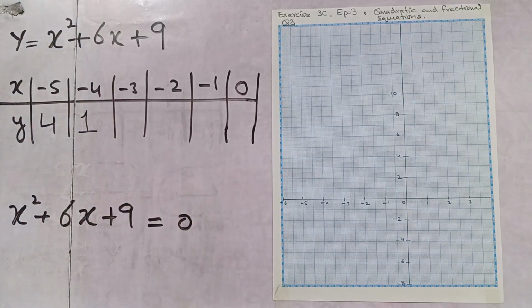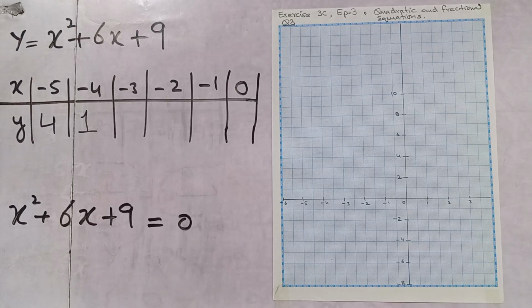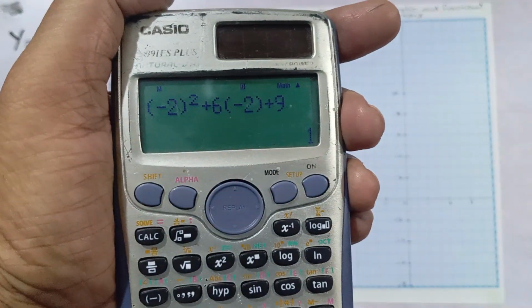Then bracket -3 squared plus 6 bracket -3 plus 9 equals 0. So I write 0 here. Next, bracket -2 squared plus 6 bracket -2 plus 9 gives me again 1.